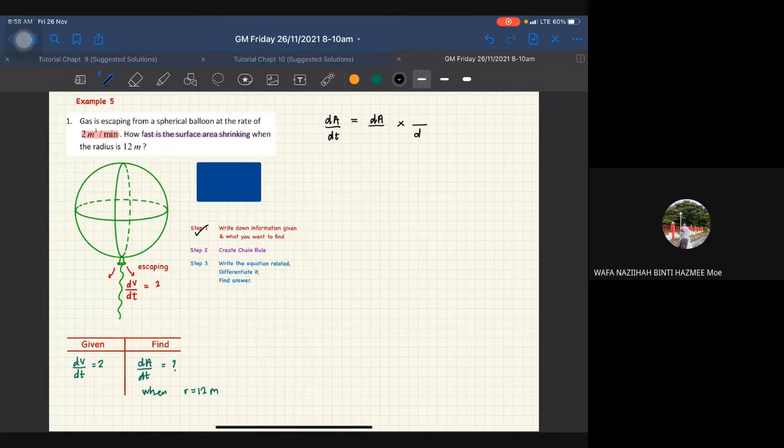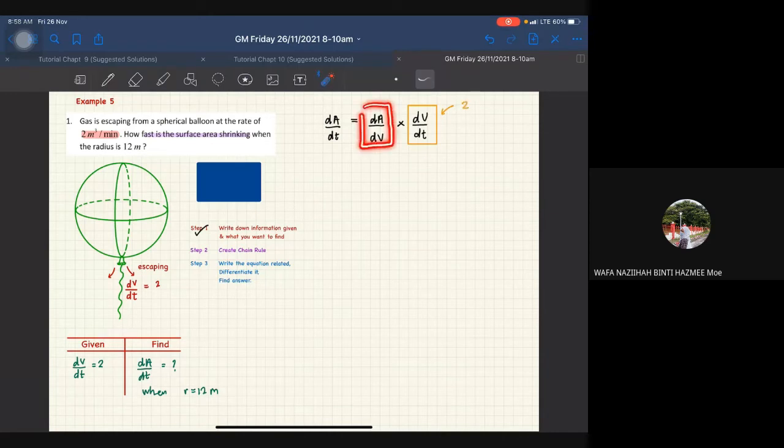Okay, so the problem is here. Is there a formula that can relate area and also volume? There isn't. Usually the formula gives us area equal to something and volume equal to something. It doesn't give area equal to something with volume, or volume equal to something with area.